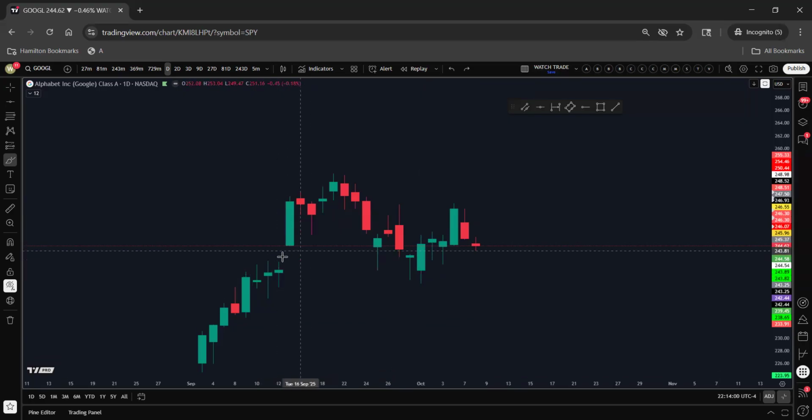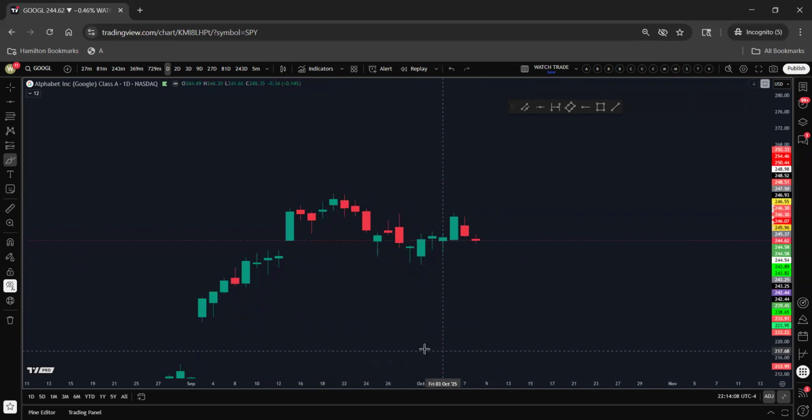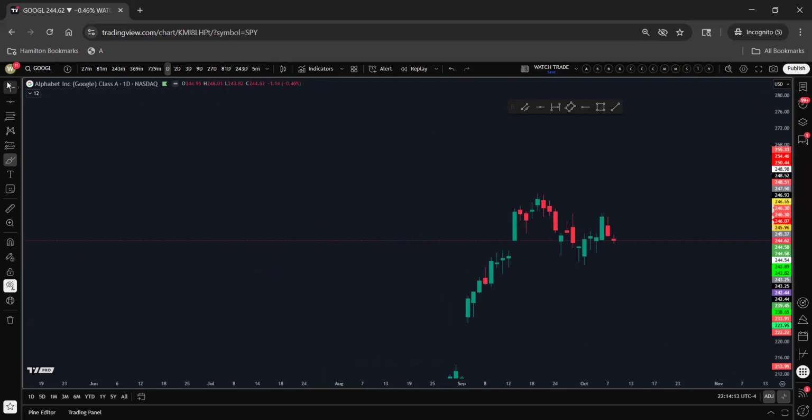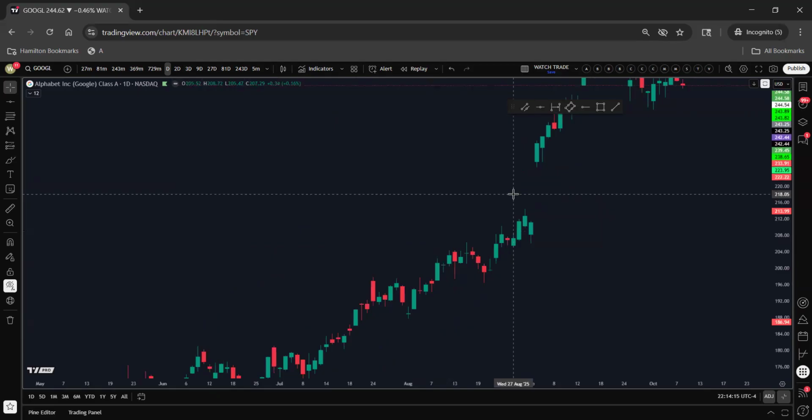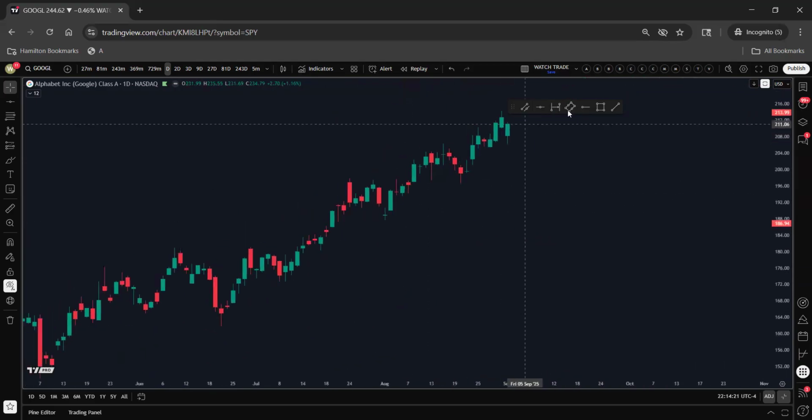When you gap up, that typically doesn't always get filled. See, this gap here has never been filled. This was a bullish gap up that never got filled.